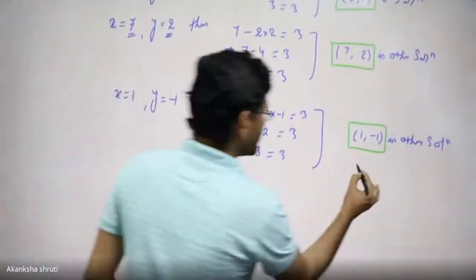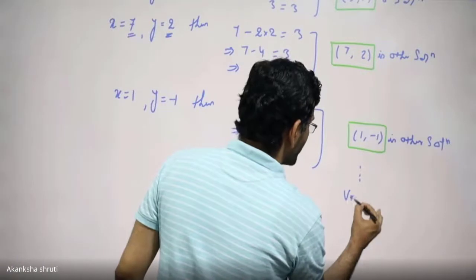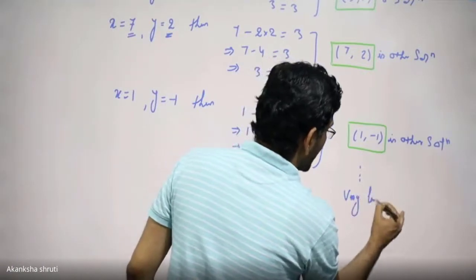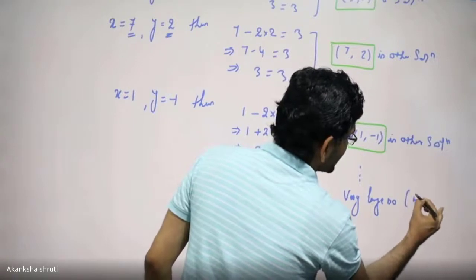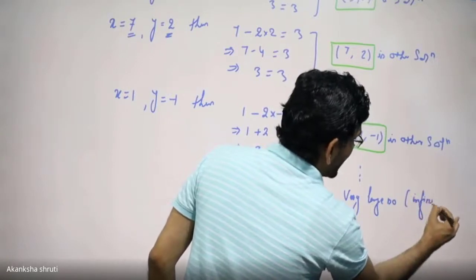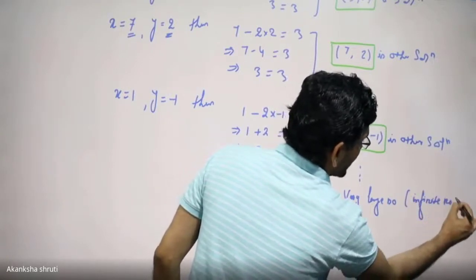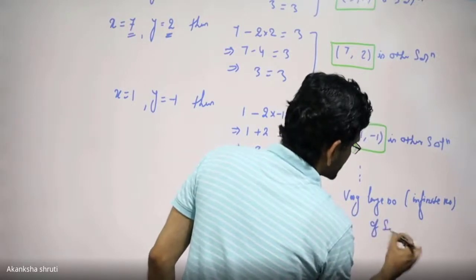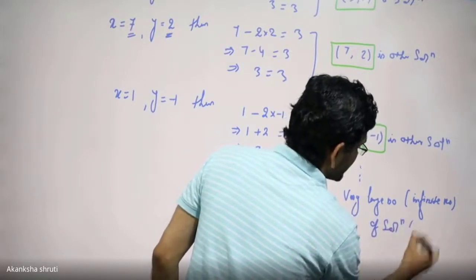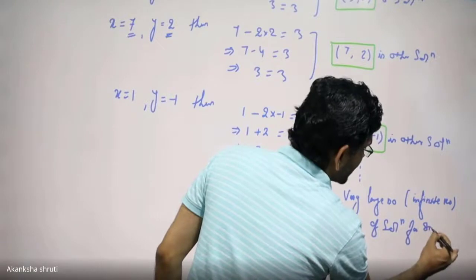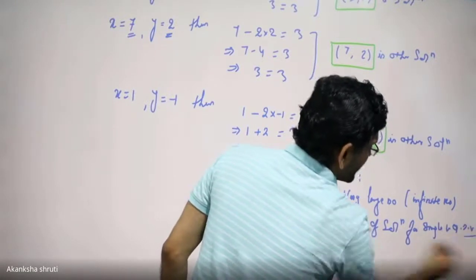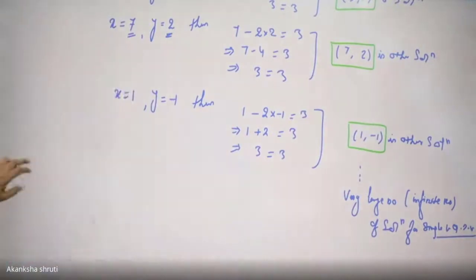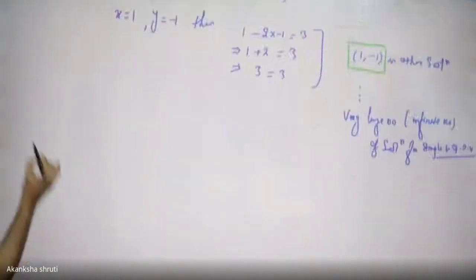Such a very large number is called infinite number of solutions for a single linear equation in two variables. It is the one thing. So first we shall write that.